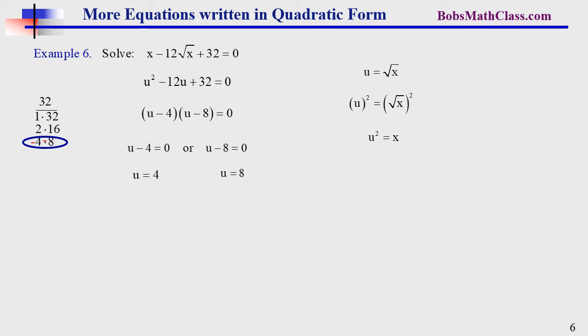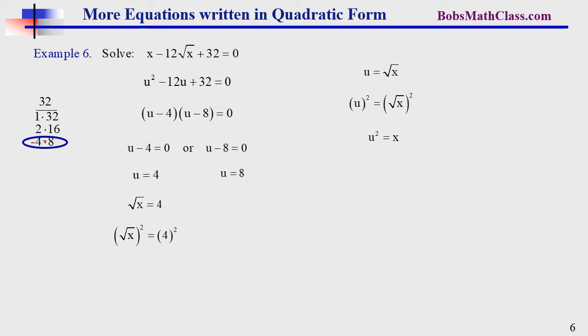But we're not done. The problem didn't even have a u. So now what we got to do is we go back to what we have on the right, and remember that u is equal to the square root of x. So where you see a u, you need to replace it with square root of x. So square root of x equals 4. Now how do we solve that equation? Yes, we square both sides.